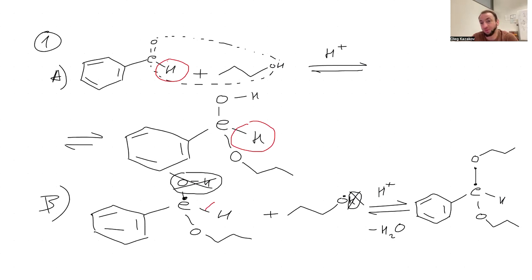If this is not an H but some sort of alkyl chain, for example, then we'll start with a ketone, we'll make a hemiketal, right? And now here you are going to have not an H again in your hemiketal, but maybe, let's say, isopropyl. Maybe it's going to be phenyl, whatever, something with a carbon chain, right?